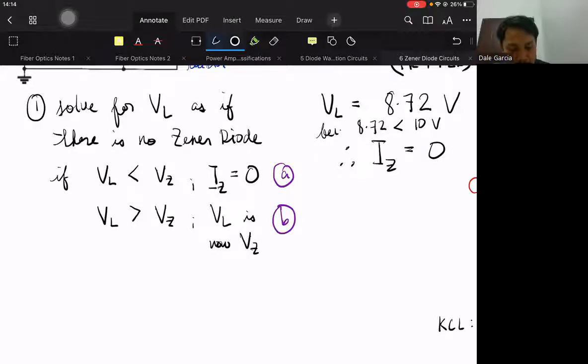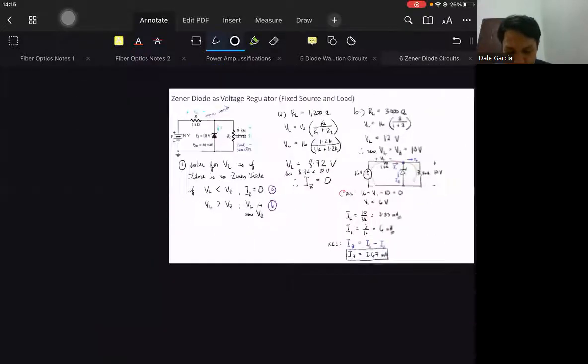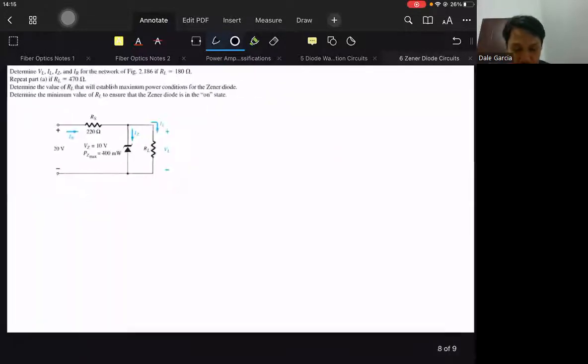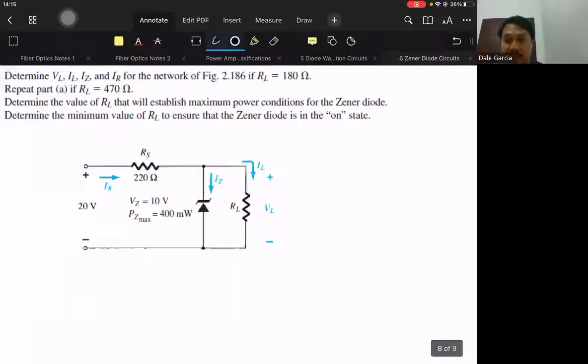If VL is indeed less than VZ, then the Zener diode does not conduct, so IL is equal to IZ is equal to 0, case A. But if we compute the load voltage to be greater than VZ, then in effect the new voltage will now be VZ. So I think the problem is formulated appropriately to exemplify those cases.